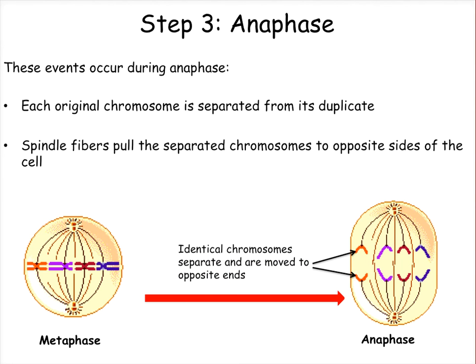So we can see that here are identical chromosomes. They're separated and they're moving in opposite directions. Another thing you can also see happening here is that the cell is elongating in shape. So it's taking on a more oval shape in preparation for the last phase of mitosis, which is telophase.